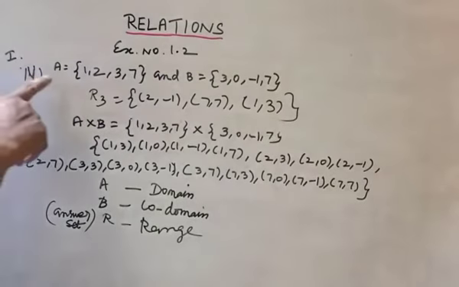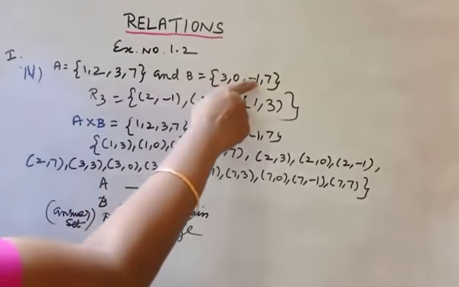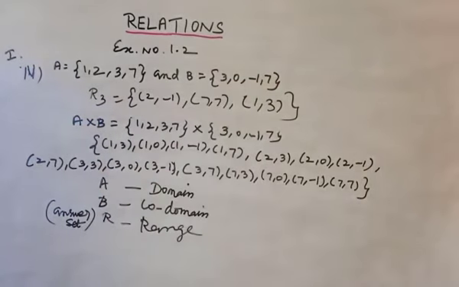Now you see here A equal to {1, 2, 3, 7}, B equal to {3, 0, -1, 7}.